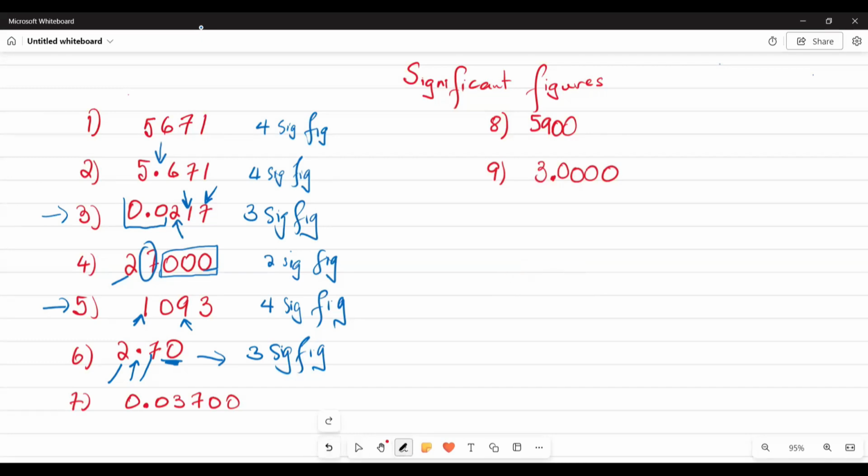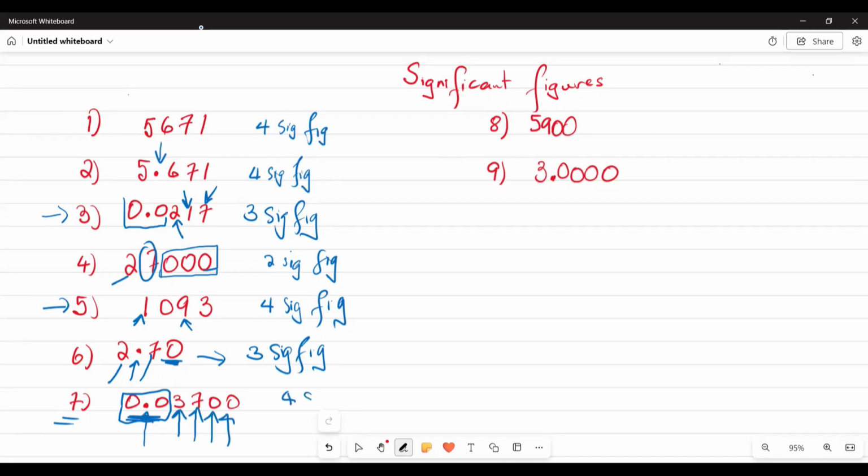Now let's take a look at number 7. At number 7, those 2 zeros at the front, what we call leading zeros, are not significant. Now, at number 7, leading zeros are never significant. 3 is the first significant figure, then 7, and these 2 zeros are also significant as well.